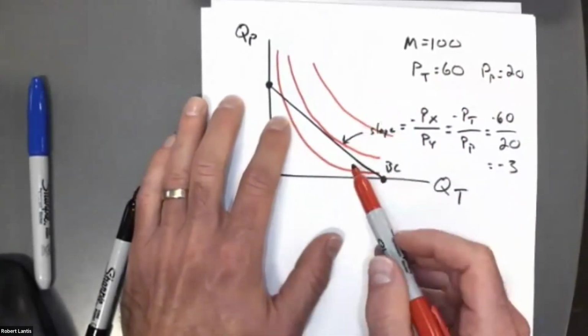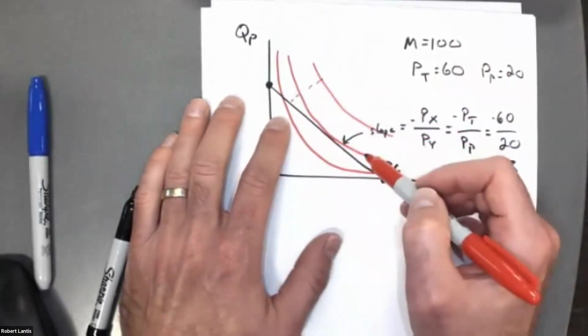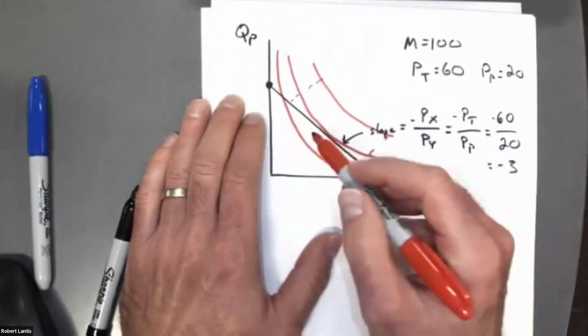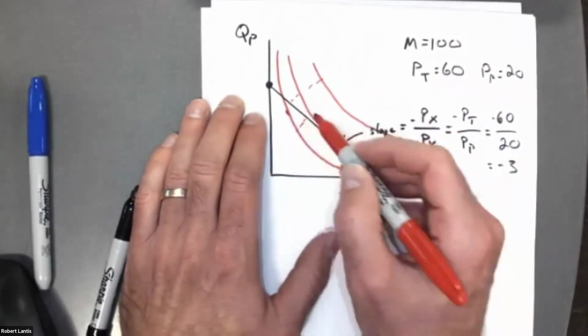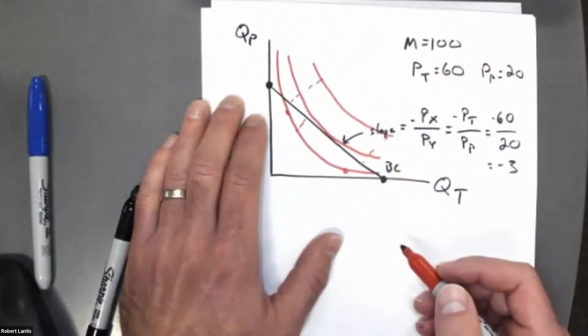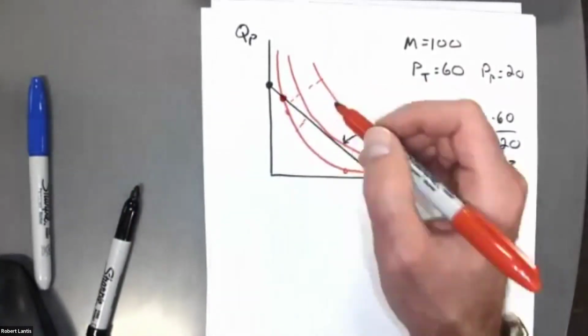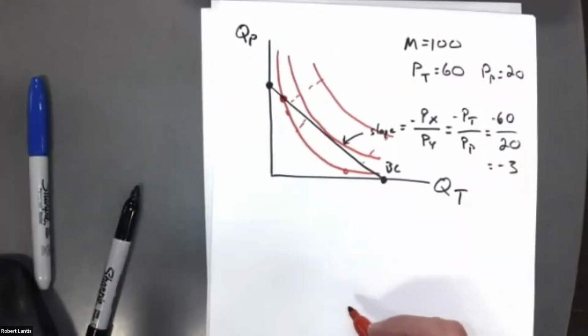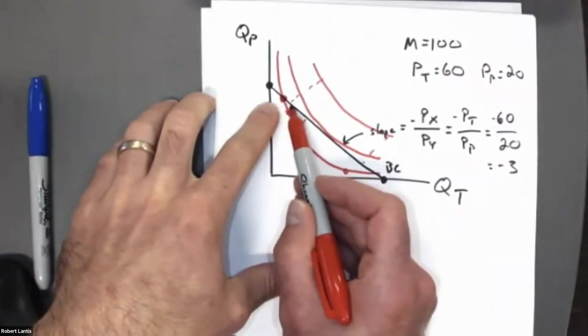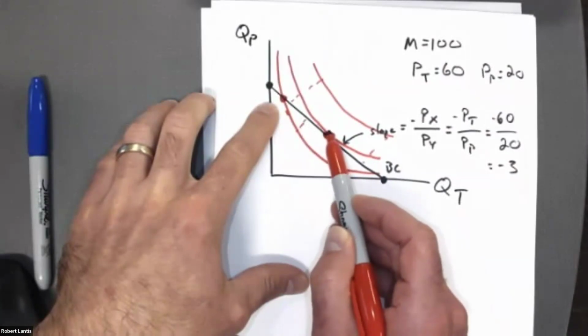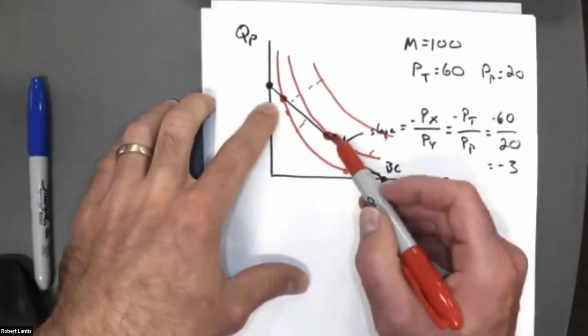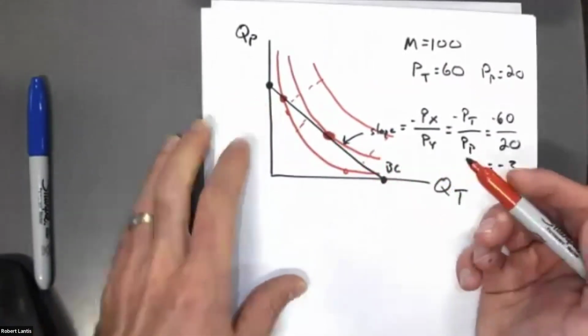Now, the idea of consumer optimum is that I've got all these different indifference curves. Every point above my budget constraint, all these points are unaffordable. Every point below it, I'm not using all of my resources. So even though I can afford this point and I'm spending all my money, I'm on a lower indifference curve than if I was at this point where I'm spending all of my money, but I'm on a higher indifference curve.